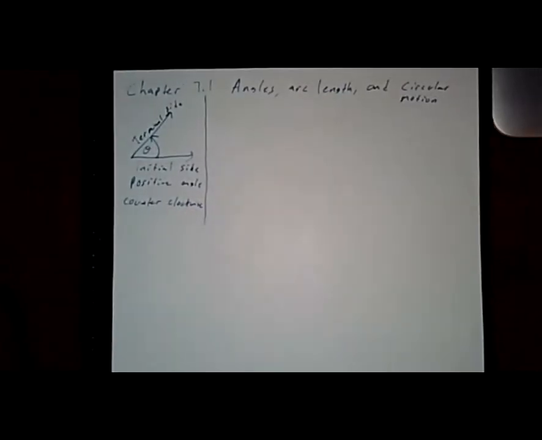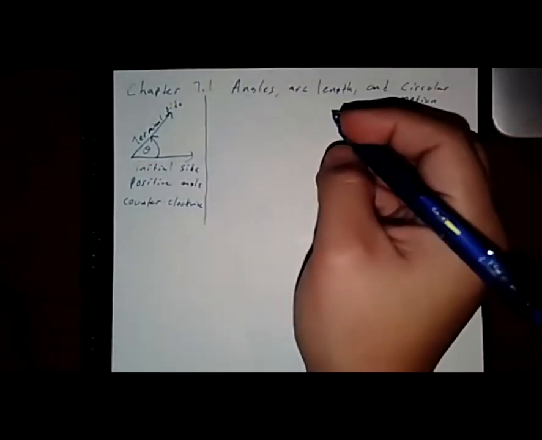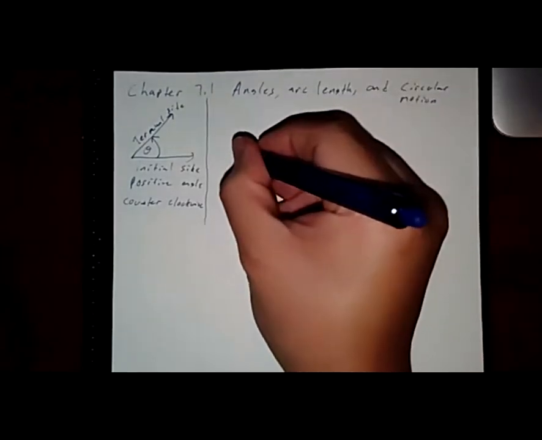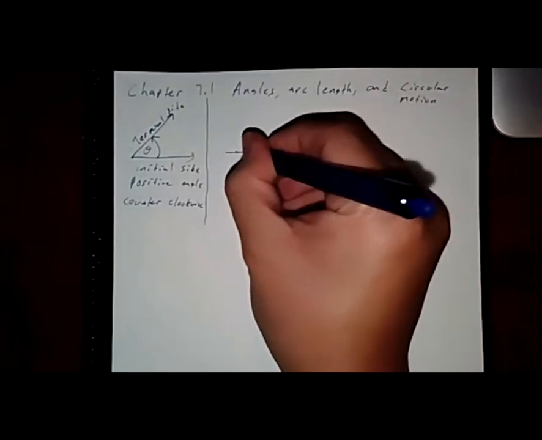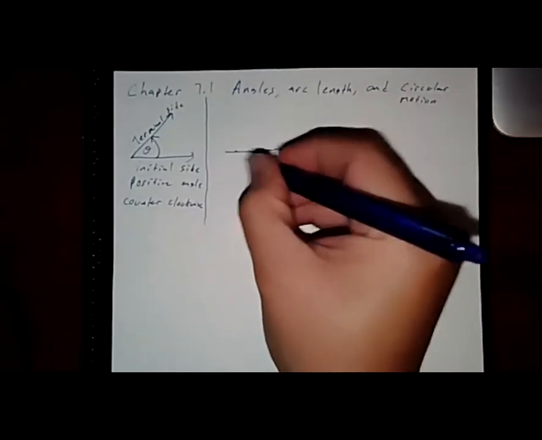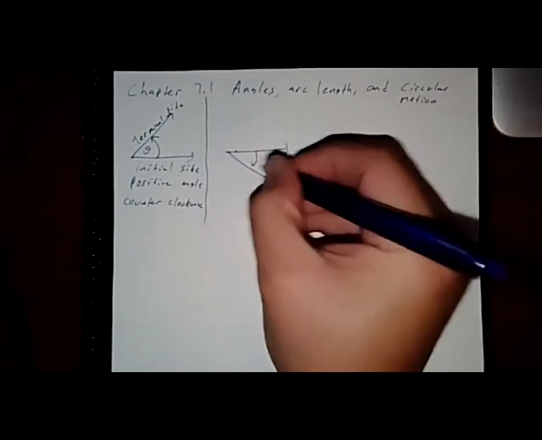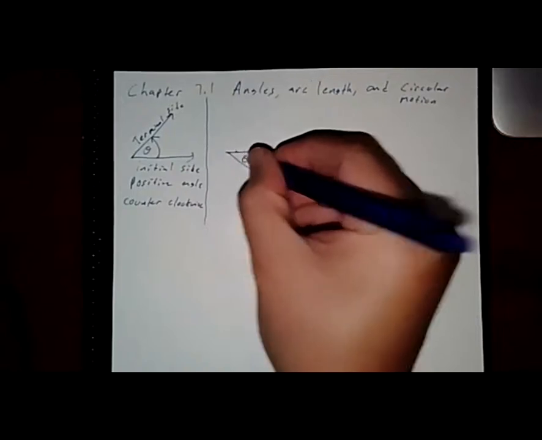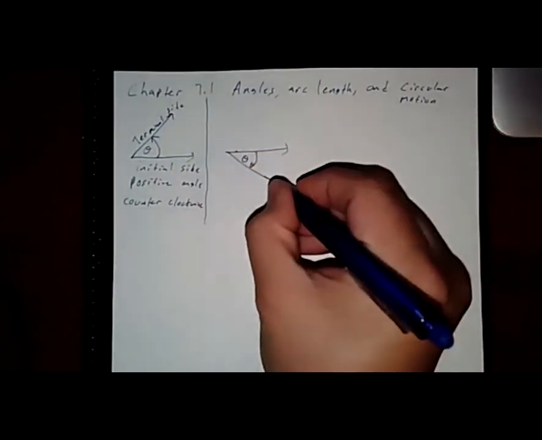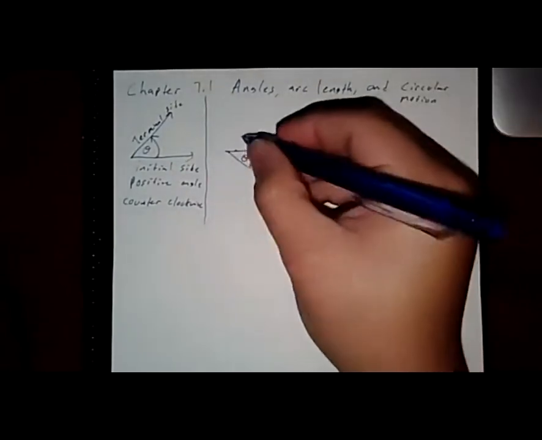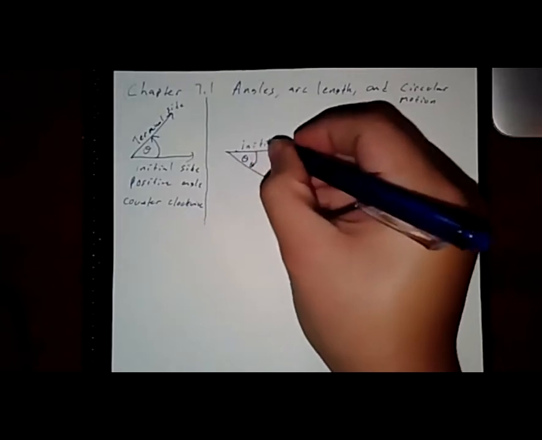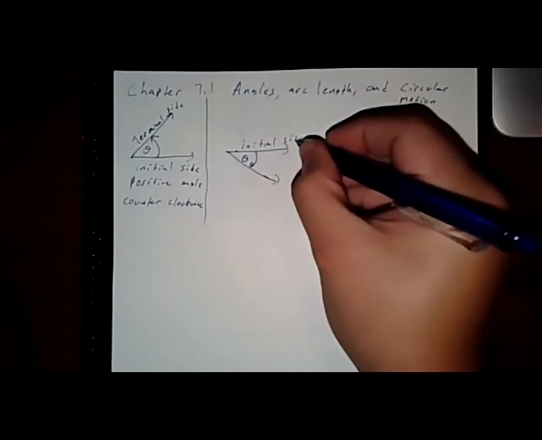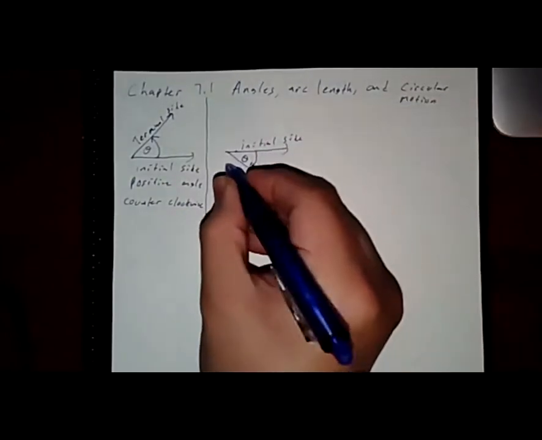All right. Now going the other direction would be negative, right? So if you have the starting point here, and it shifts down this direction, so this theta is going that way. This is my initial side still. Terminal.